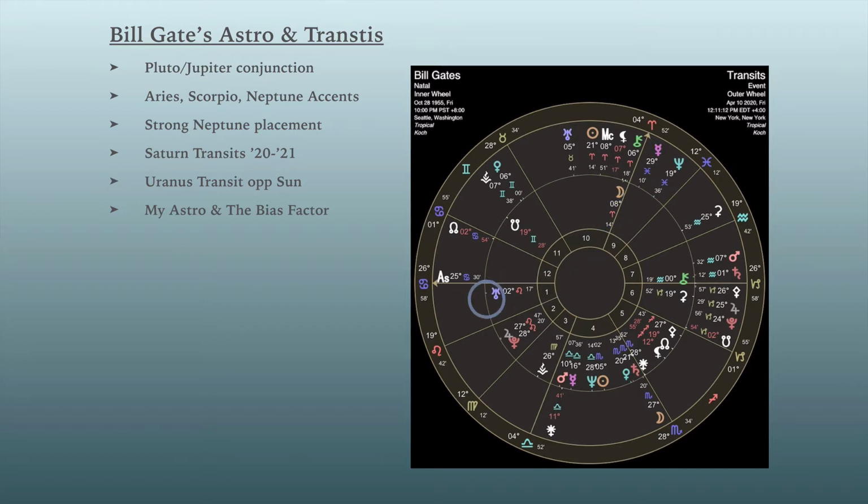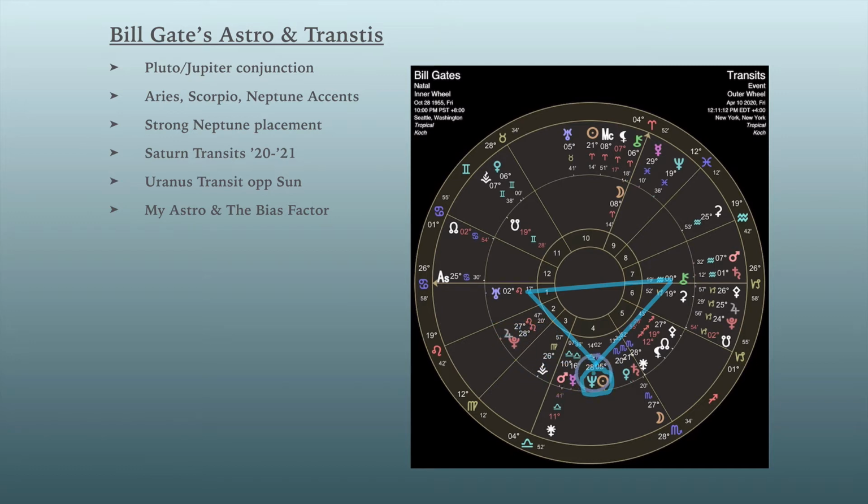What else? Well, not to get too detailed in this, he does have what's called a T-square of Uranus, Chiron. And I could probably be drawing some of these a little bit. Let me see if I can get this going here. So he has Uranus opposite Chiron, but they are in a square position to a conjunction of Neptune and the Sun down here.